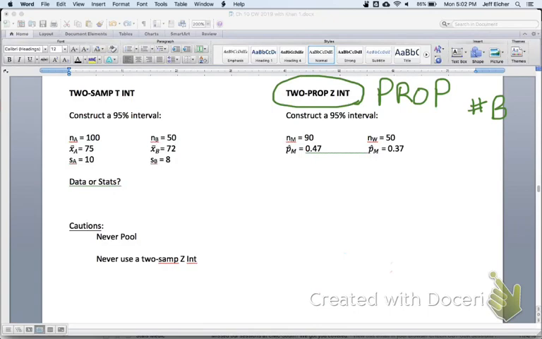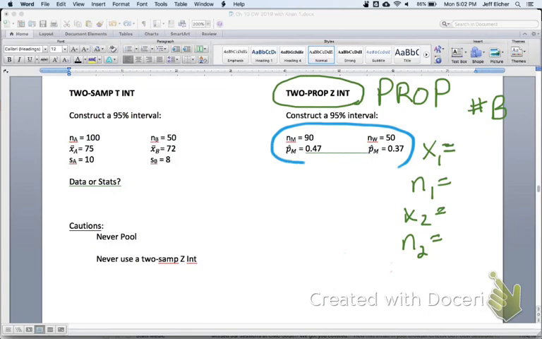If you select that, you have these options: x1, n1, x2, n2. X1 is the number of successes for the first group. So we have a p-hat of 47% for men, we'll say.